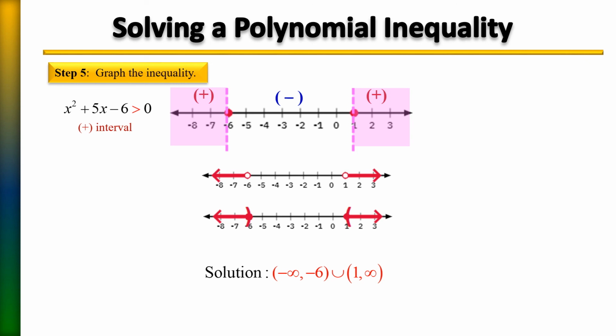So either one is acceptable for graphing your inequalities. You do not need to do both. You only do one or the other. I'm just showing you that you can write it in either way. And again, at the bottom shows you how to write this inequality in interval notation form. And there you have it, graphing a polynomial inequality.